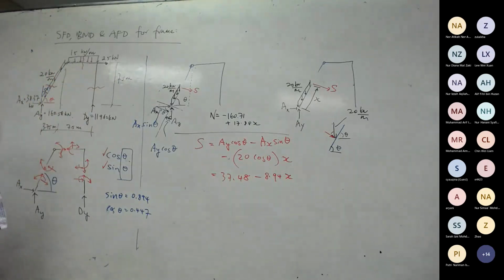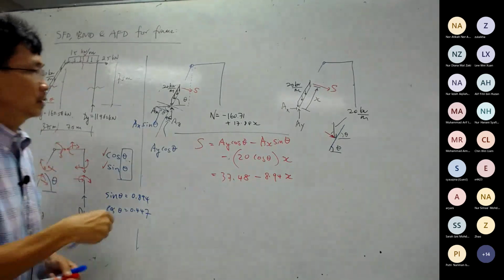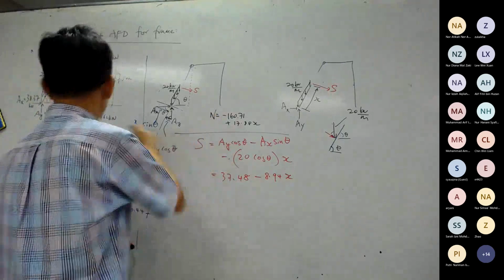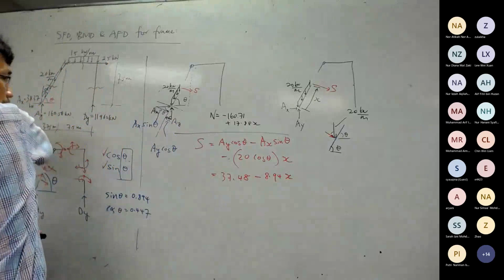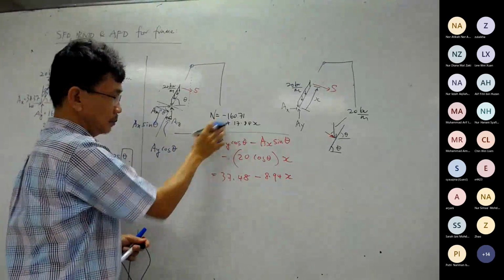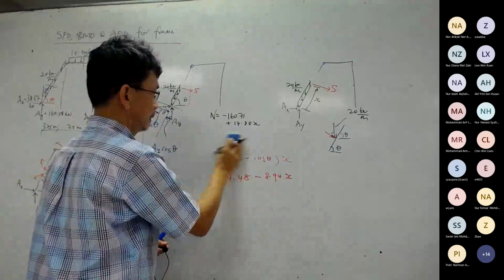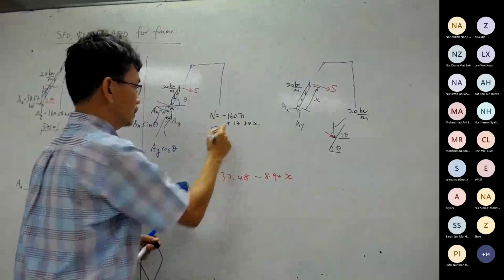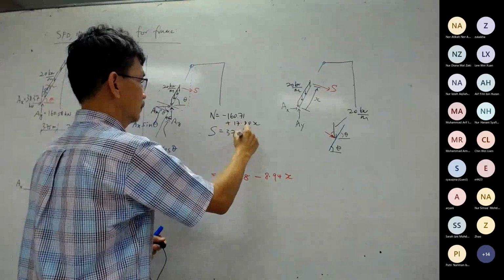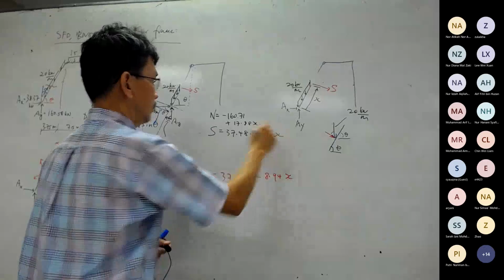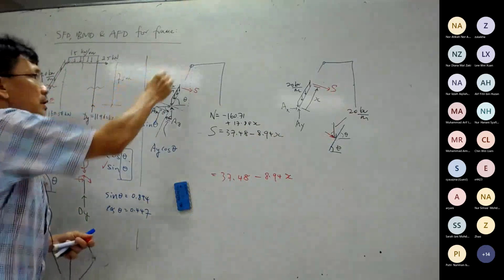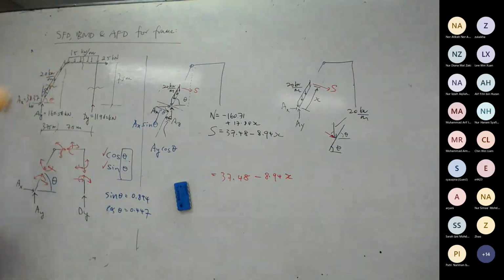So any questions, clear for this? Let me write it down here. The N as the N. So the shear force is 37.488.94x for this part of the frame.